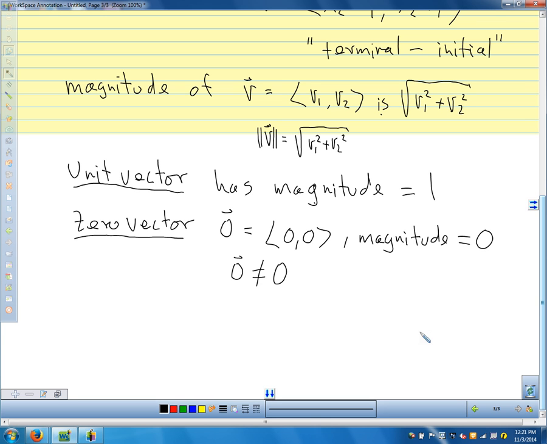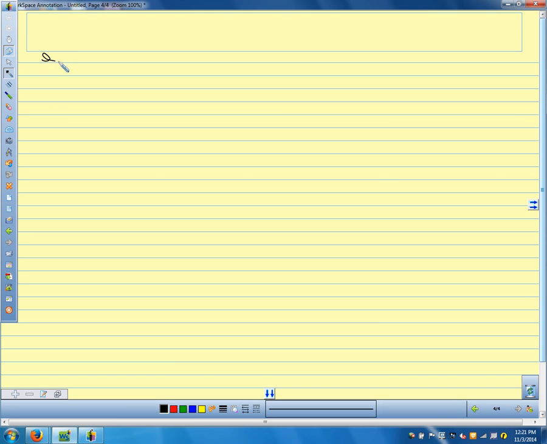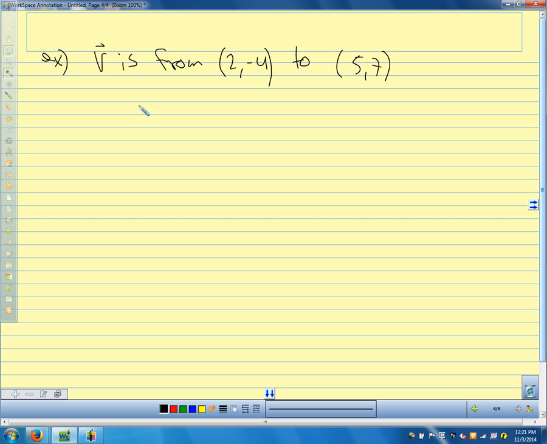All right, let's do another quick example. We'll find the component form and the magnitude. So let's say our vector v is from the point 2, negative 4 to 5, 7. We want to find the component form and magnitude.